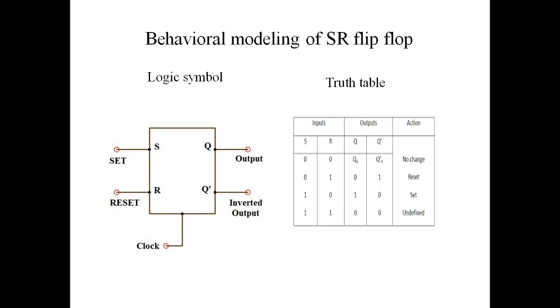Here in behavioral modeling, we don't need to know the logic circuit or logic equation. We just need a simple truth table. We need to know how SR flip-flop behaves, right? Hence, let's go through the truth table.